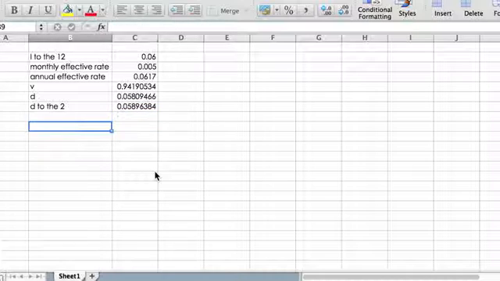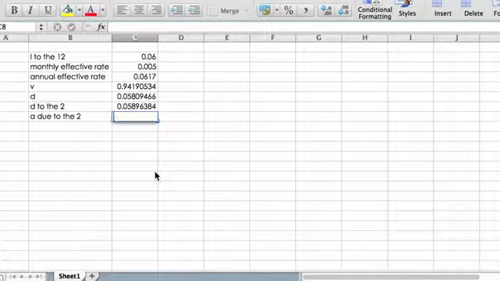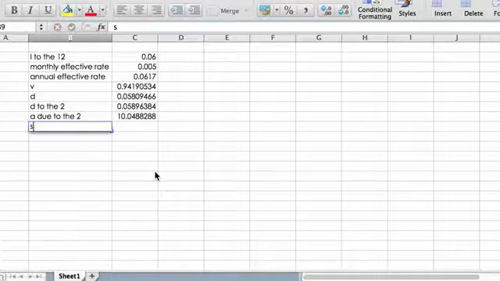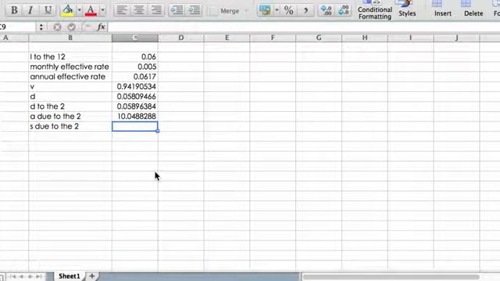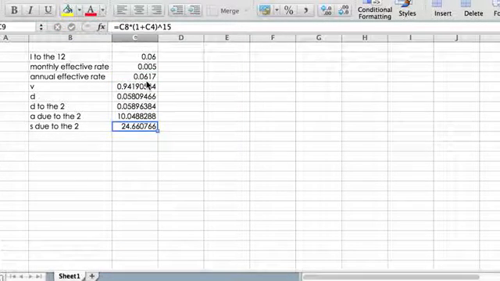So now we can finally find ä^(2), which is equal to 1 minus v to the power of n, which is 15 in this case, divided by d^(2). Now we can find s̈^(2), which is that amount times 1 plus the annual effective interest rate for the first 15 years, compounded 15 times.